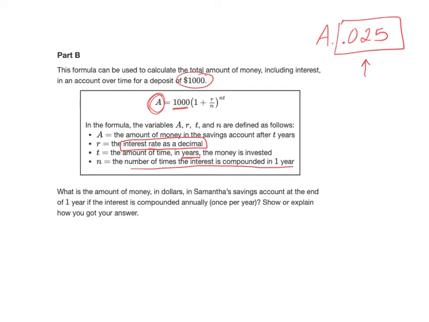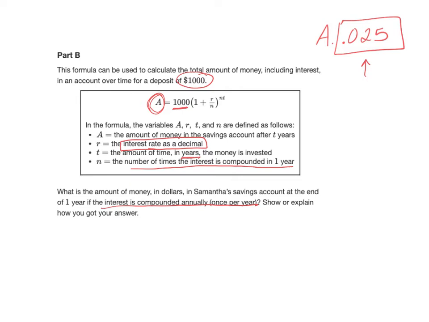And all that determines is how often they calculate how much additional money you've earned by the specified time frame. In this particular case, we are told that the interest is compounded annually, or just once a year.